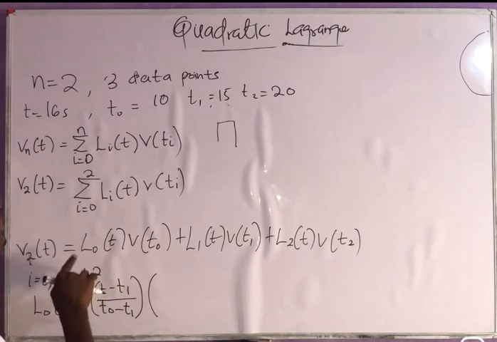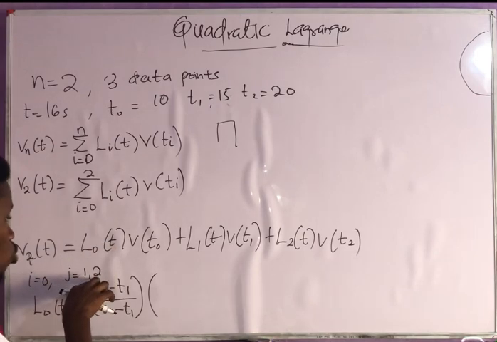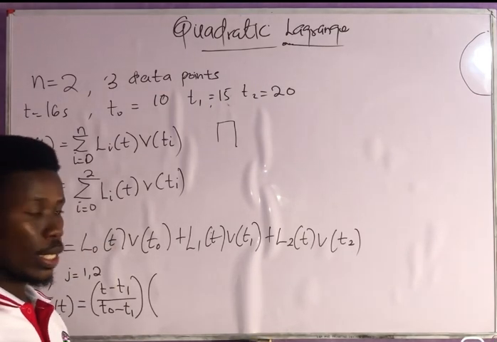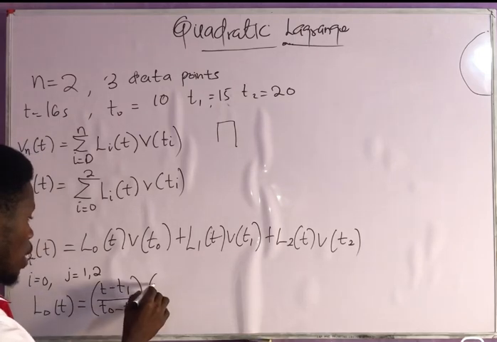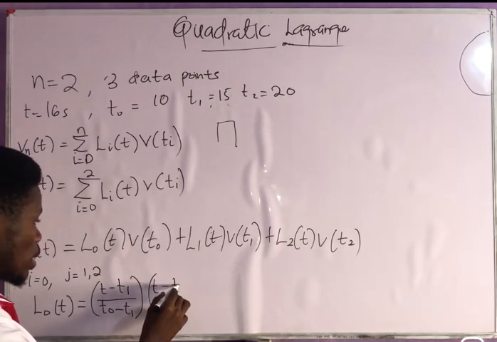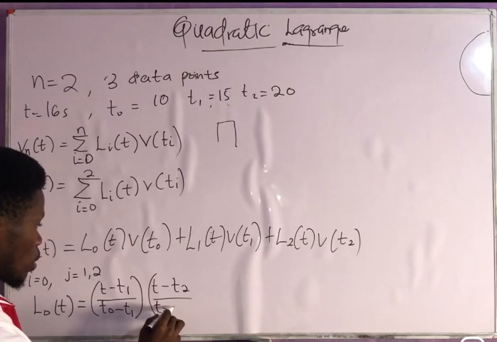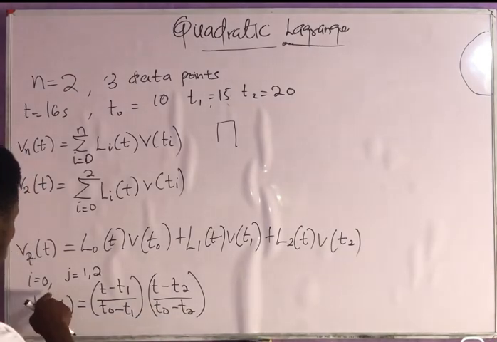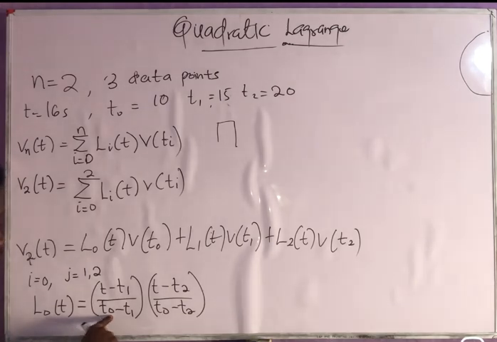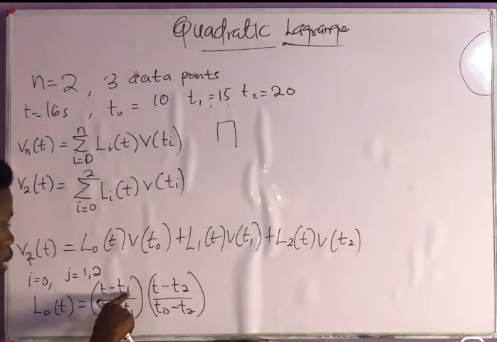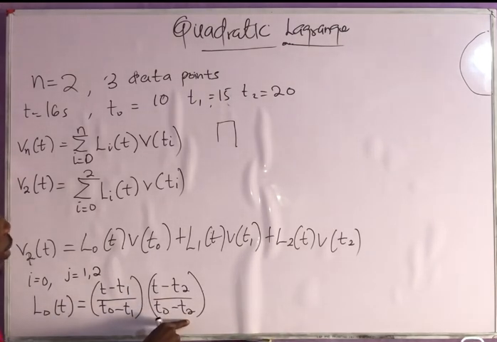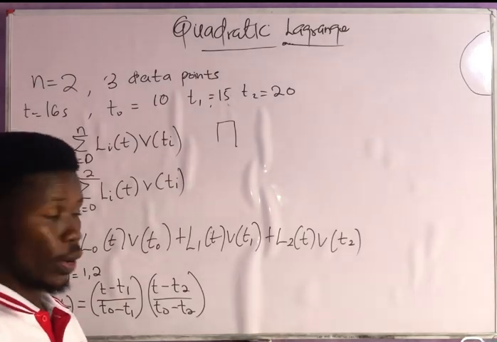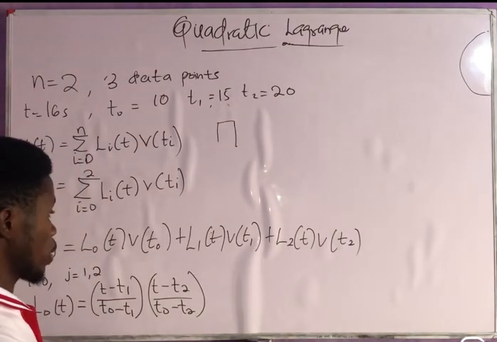Since we are having 1 and 2 as our j, we need to get a product of them. So the other one will be t minus t2 over t0 minus t2. Is that okay? The i is down here, and this is the j. If you have forgotten the formula, you can refer to what we just did.